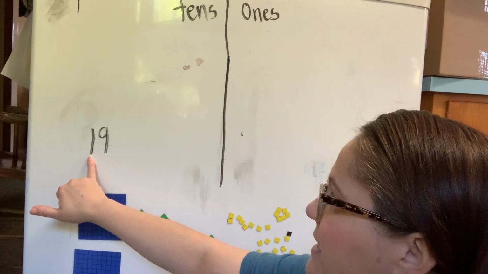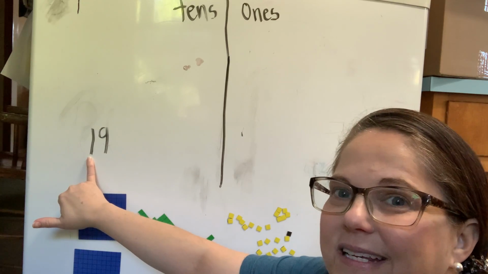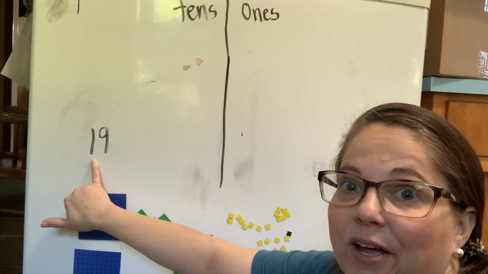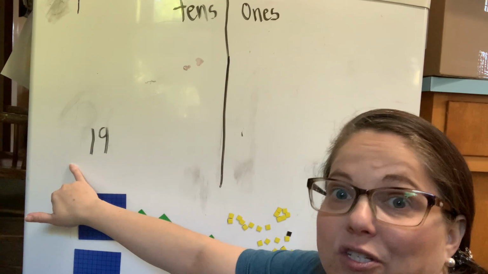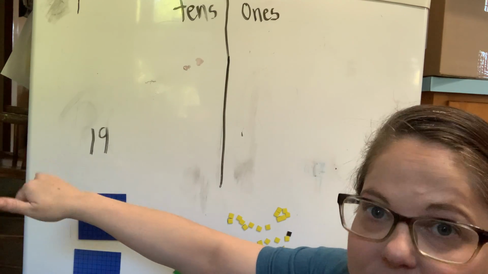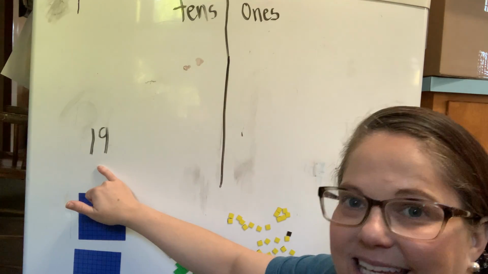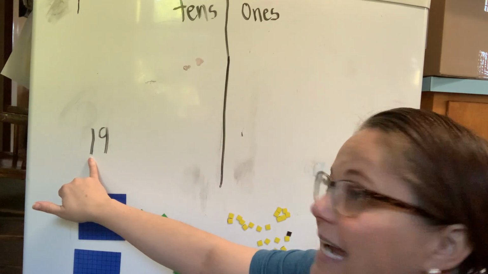19. I can see that there's a 1 in the 10 spot, but we don't call it 10, 9. We call it 19. But this 1 is a 10.